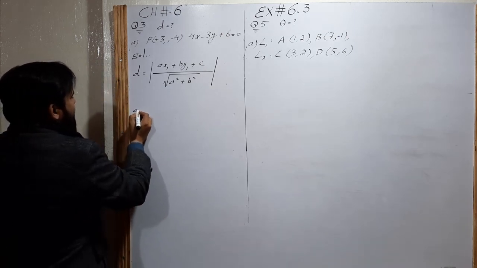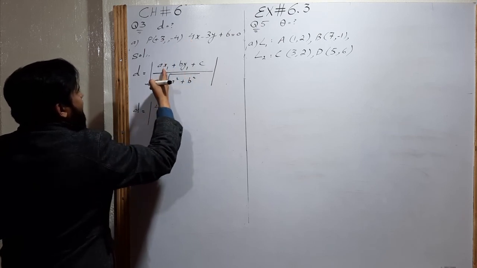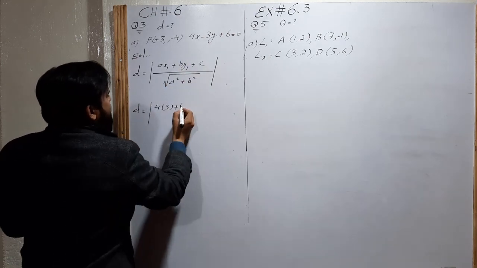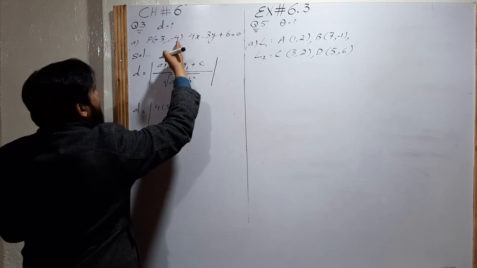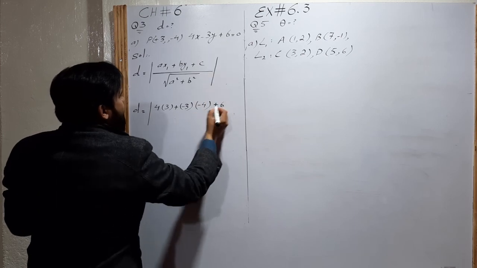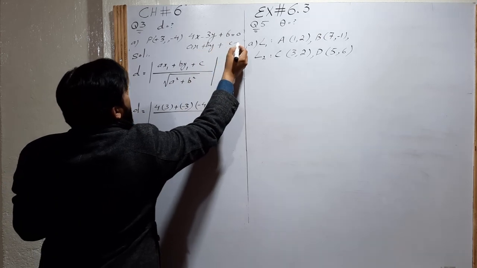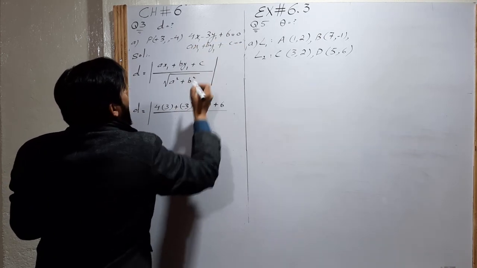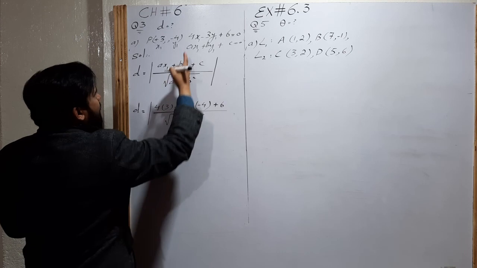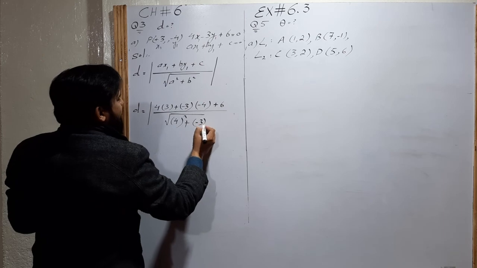So clearly in this case a is 4, x1 in this case is 3, plus b is minus 3, y1 is minus 4, plus c, and c in this case is 6. This is ax plus by plus c is equal to 0, and this is x1 and this is y1. Divided by the square root of a square, a is 4, so 4 square, plus b square, b is minus 3.